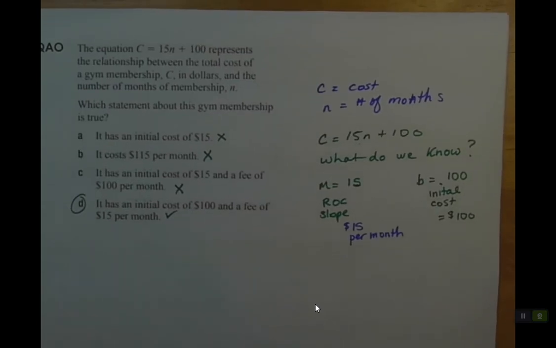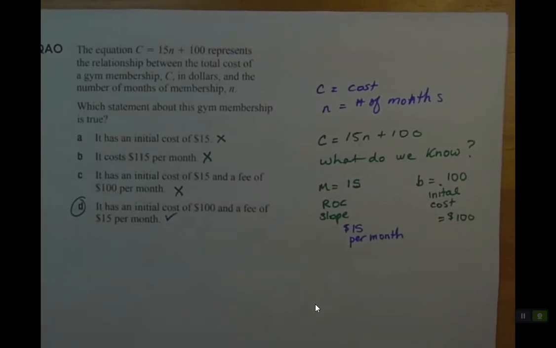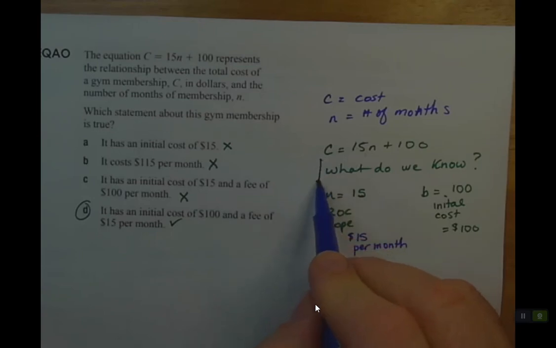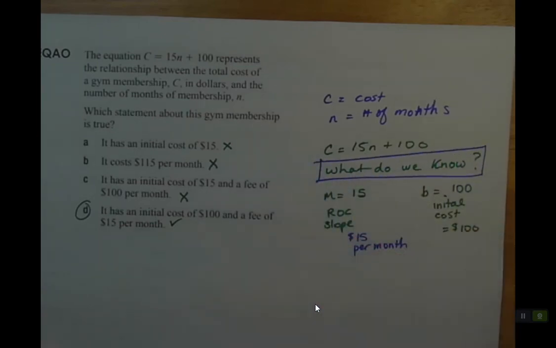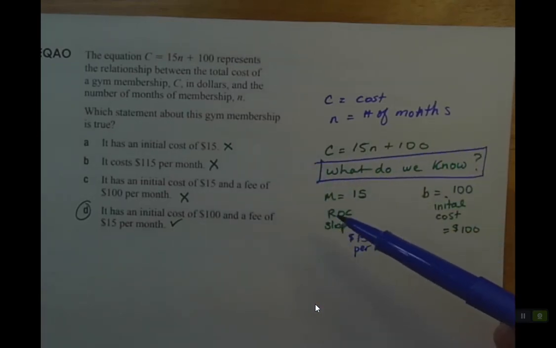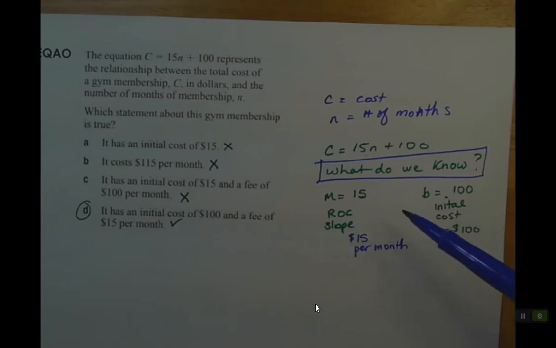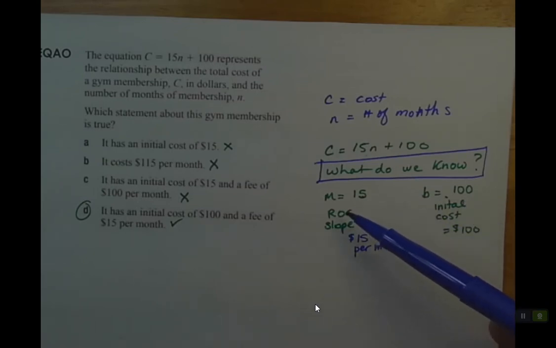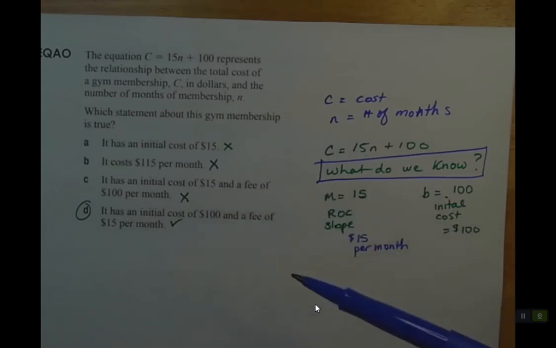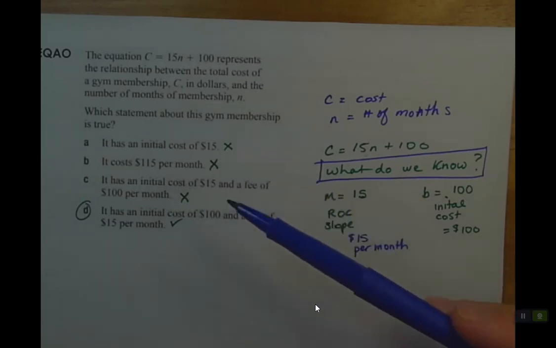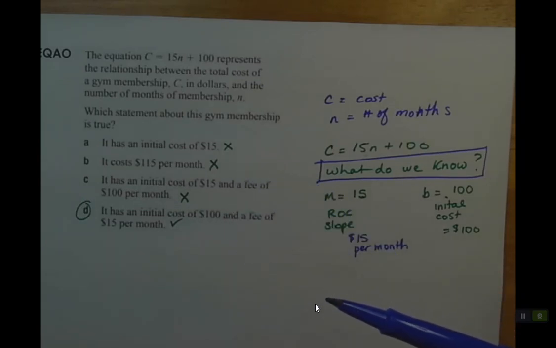One of the things that helps with multiple choice questions is writing down what you know. By writing down your initial cost or your constant and your rate of change or your slope, it allows you to think clearly about which statement makes sense. Okay.